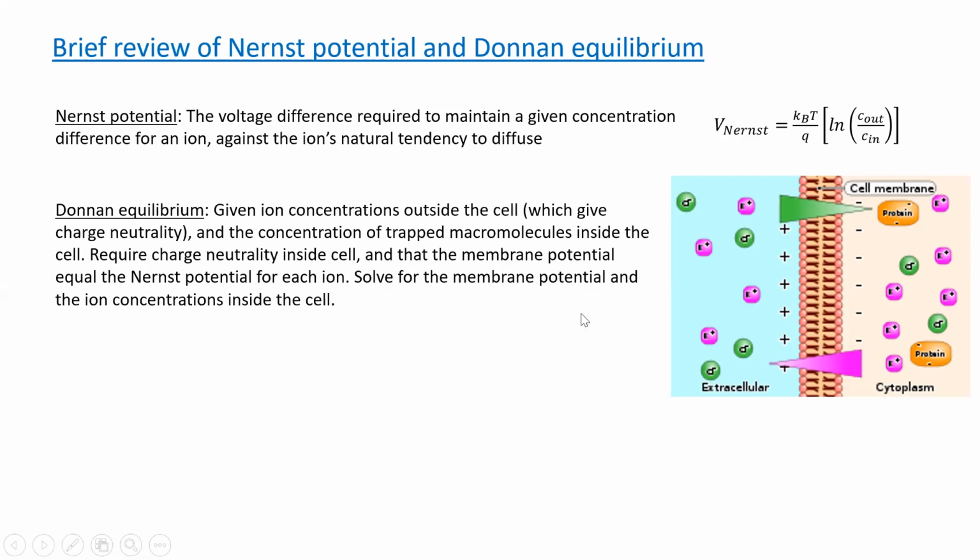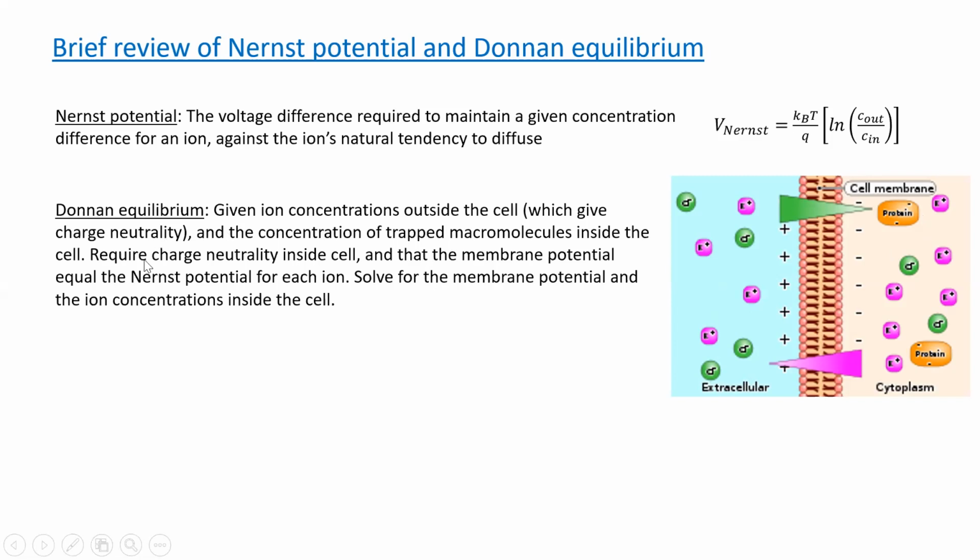So Donnan equilibrium was applying the Nernst potential given ion concentrations like K plus and Cl minus and Na plus, which is not shown here, outside the cell, assuming cell neutrality, as well as the concentration of trapped macromolecules like proteins inside the cell. So those were the givens.